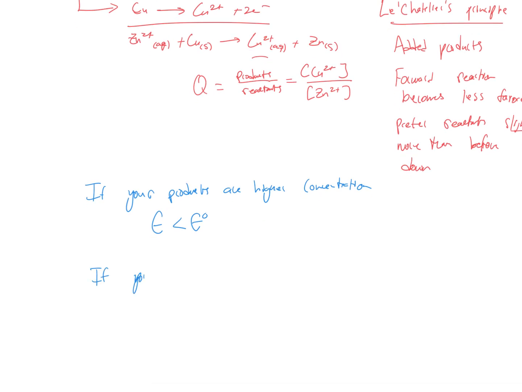If your reactants are higher concentration, then it's the opposite. E is going to be slightly bigger than E naught because your reaction is going to prefer the forward direction even more because I have so much more reactants.